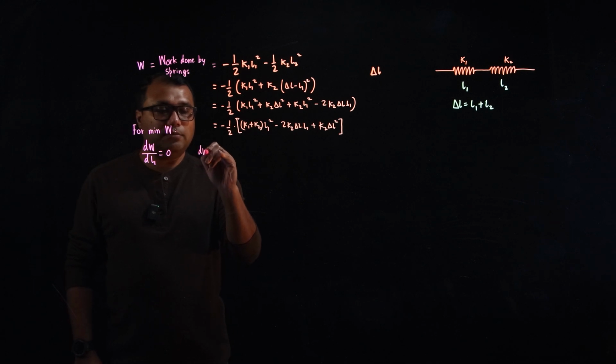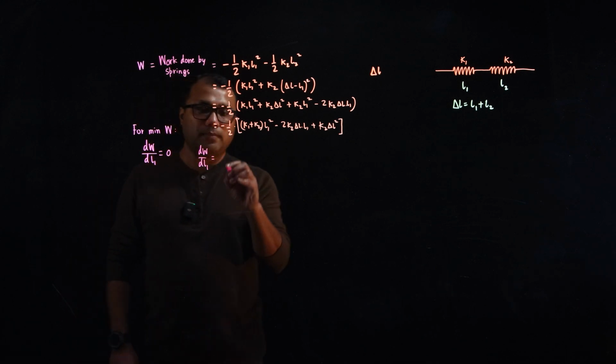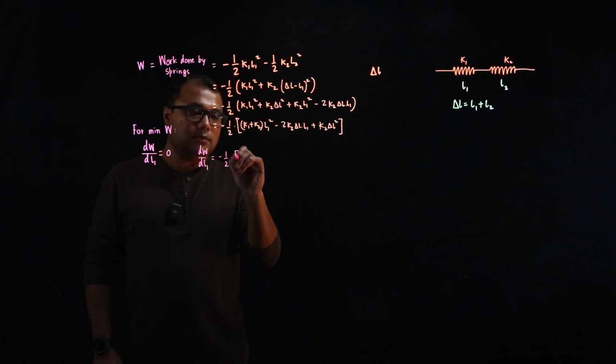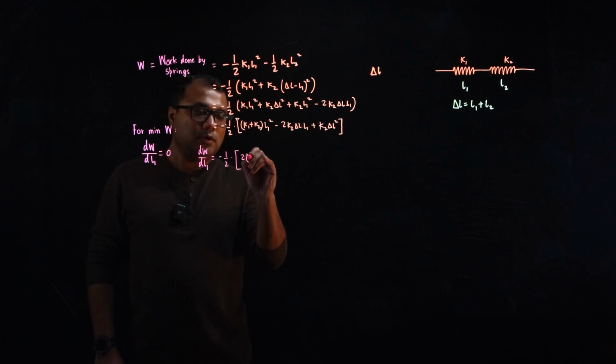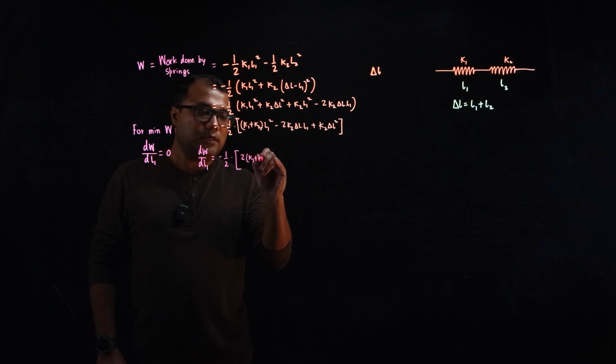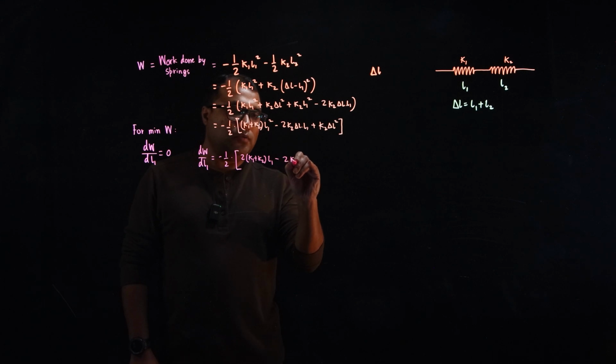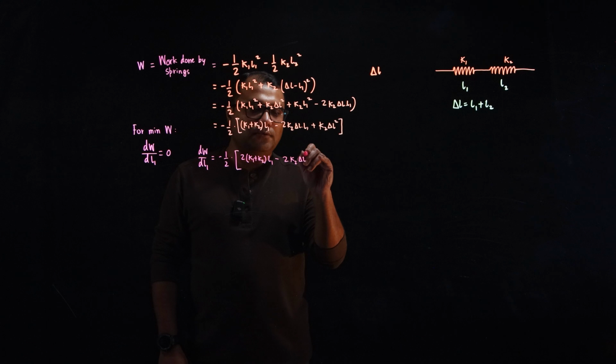So dW by dL1 is how much? Minus half remains outside. This becomes 2 K1 plus K2 L1 minus 2 K2 delta L, and this is 0.